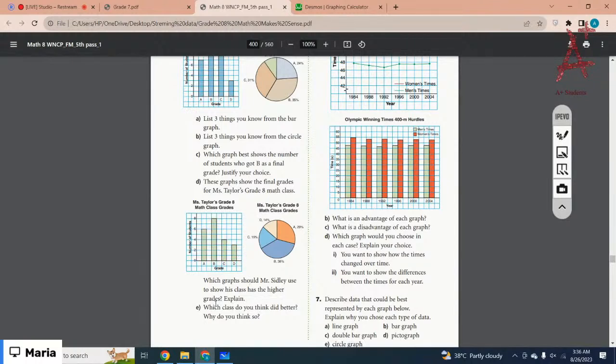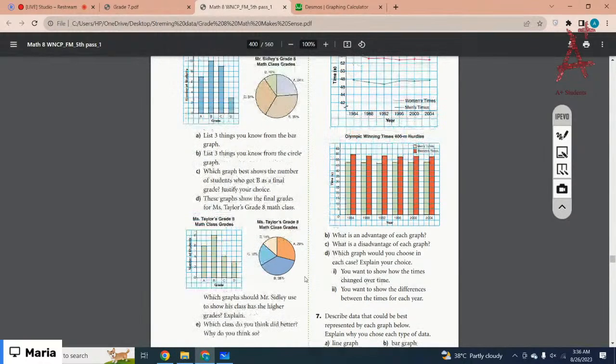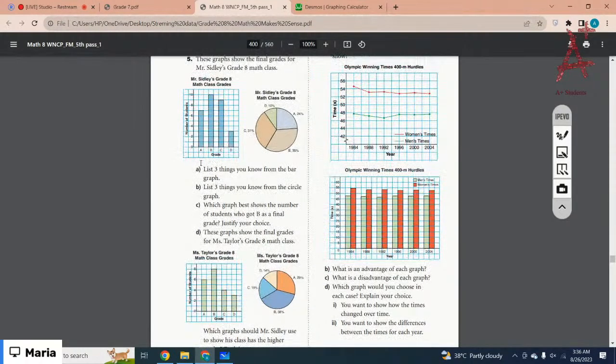The E part is which class do you think did better? Why do you think so? So this one is Mr. Sidley's and this one is Mr. Taylor's, right? In Mr. Taylor's class, Mr. Taylor's graph is I think the better one than Mr. Sidley's.